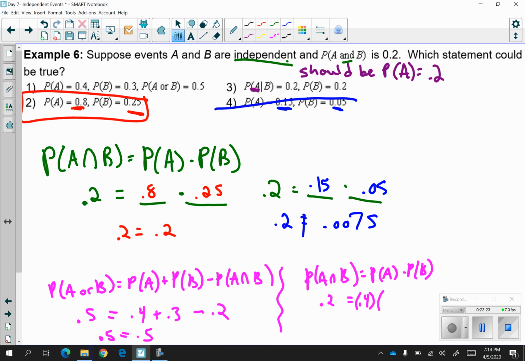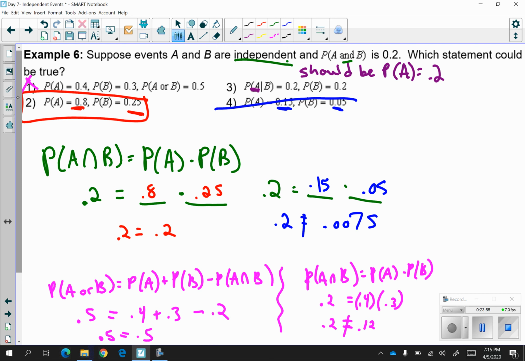The probability of B is 0.3. If you put that in your calculator, 0.4 times 0.3 is 0.12. So this doesn't work because it means it's not independent. It might work for the OR equation, but because it's not independent, which this problem said they were, it doesn't work out overall. That's why choice 1 is no good either. It has to be choice 2.